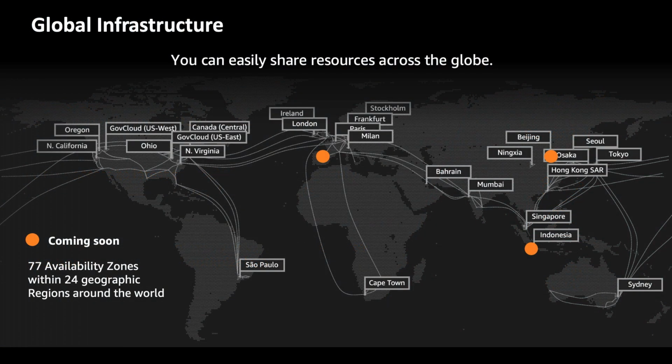Now this global infrastructure really does underpin it. The 24 regions and 77 availability zones at the time of this recording means you can really easily share resources around the world and make sure that wherever your company is based, you can get access to what you need. And transferring data across the globe is made simple and secure.